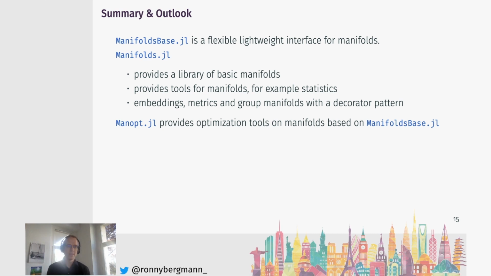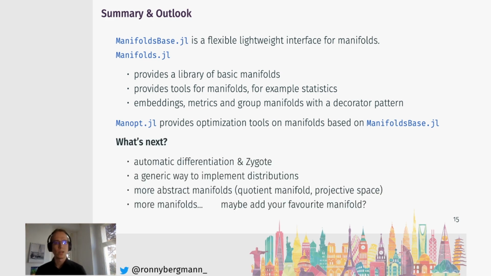Okay, let's summarize. ManifoldsBase gives us a flexible and lightweight interface for manifolds. Manifolds, on the other hand, provides a library of basic manifolds and ways to extend them, and to provide group manifolds using the decorator pattern. Manopt.jl is built upon that and gives us a way to do optimization on manifolds, but on all manifolds that are implemented within Manifolds.jl.